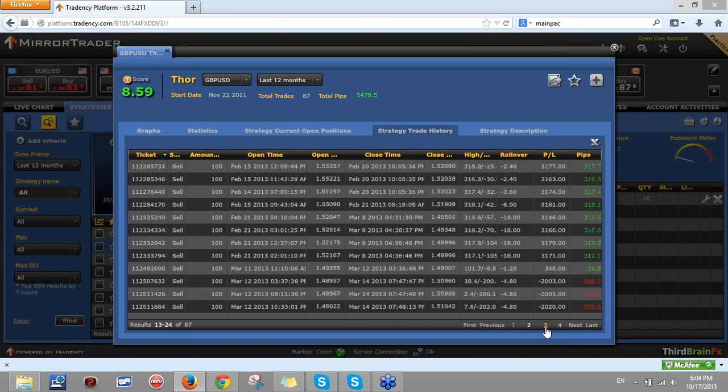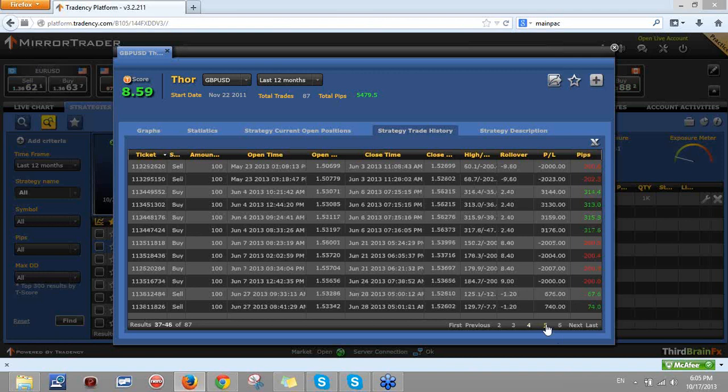On the second page, most of the positions closed are positive with very good results. They're usually over 300 pips gain. So we could see that really around 65% of the trades are positive with good results.